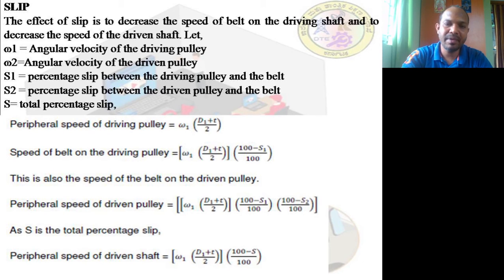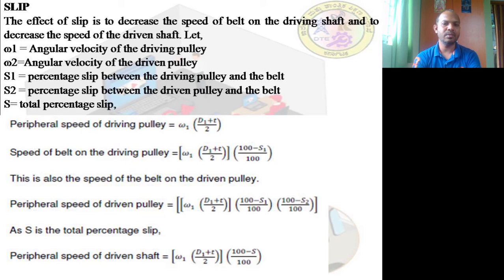Now the peripheral speed of the driving pulley is given by omega 1 into (d1 plus t) divided by 2. The speed of the belt on the driving pulley is given by omega 1 into (d1 plus t) divided by 2, into (100 minus s1) divided by 100. That is the percentage of slip that occurs in the driving pulley and the belt.